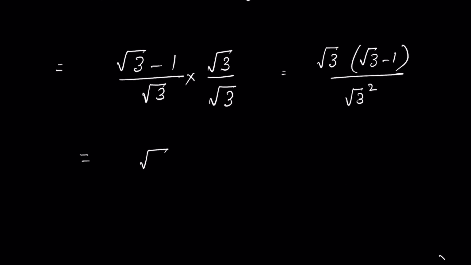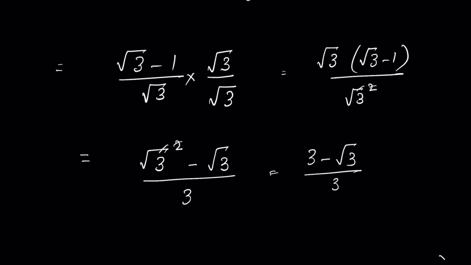Square root of 3 times square root of 3 is square root of 3 square, minus square root of 3, upon 3. So we remove square root with this square, so it is 3 minus square root of 3 upon 3, or we can write 3 upon 3 minus square root of 3 upon 3. 3 and 3 get cancelled, it is 1. So this is equal to 1 minus square root of 3 upon 3.